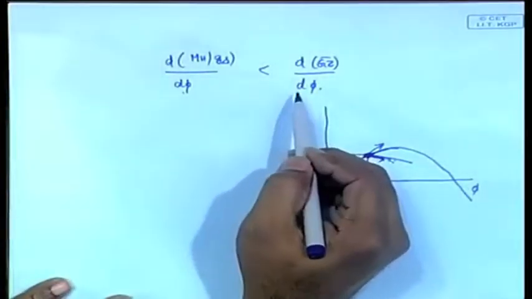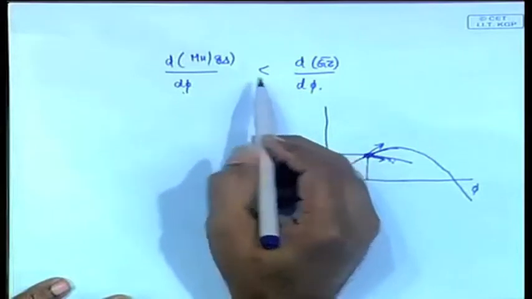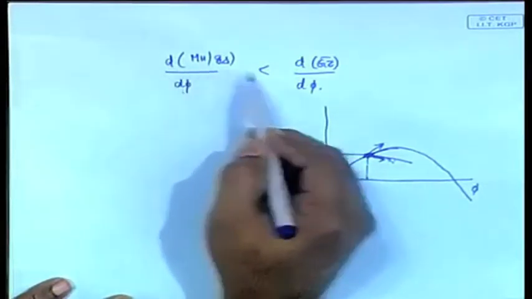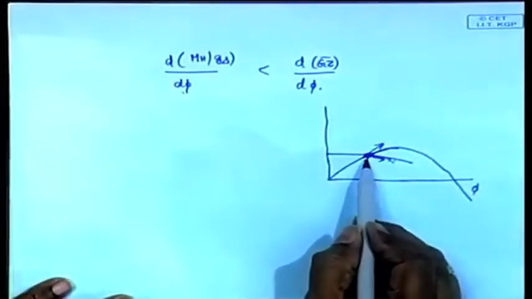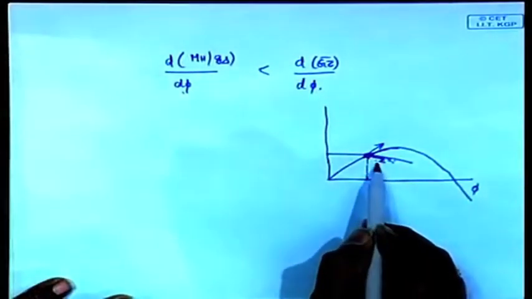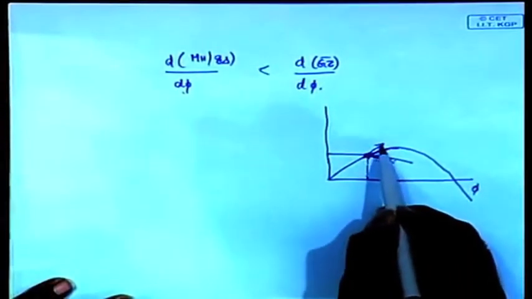This less than expression means that d by d phi of this is less than this, meaning the slope of this curve should be less than the slope of this curve.